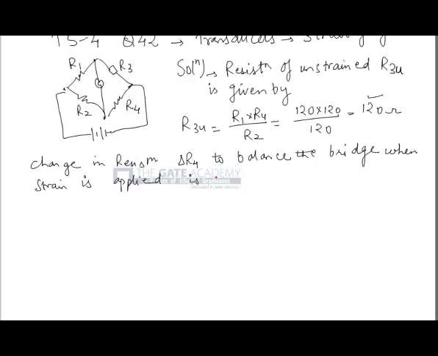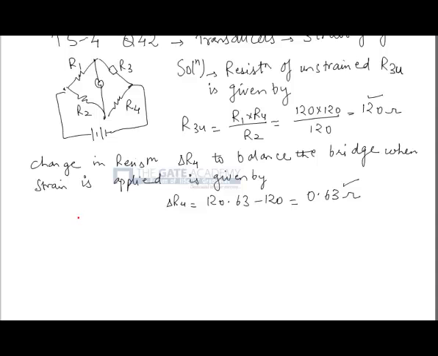It is given by delta R4 equals 120.63 minus the actual value, that is 120. So we have 0.63 ohms. This is the small change in resistance which will be observed in R4 in order to balance the bridge when you apply the strain.